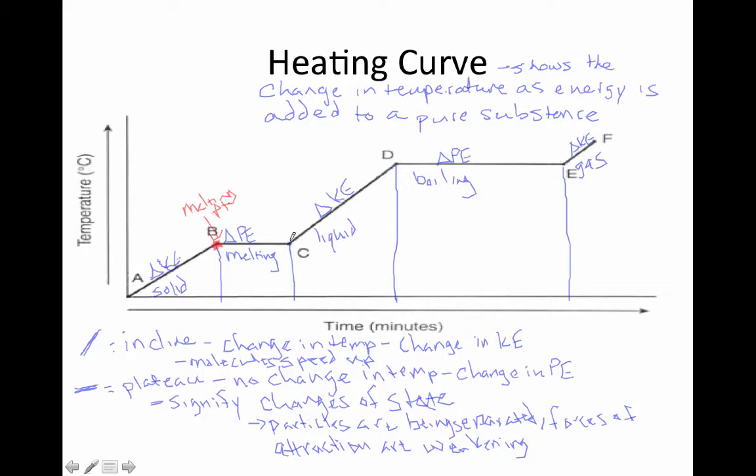And then right here, as soon as it is done, when it's completely liquid and there's no longer any solid, that on a heating curve is actually the freezing point. And then point D here, when the substance stops being a liquid and starts being a gas, that is called the boiling point.